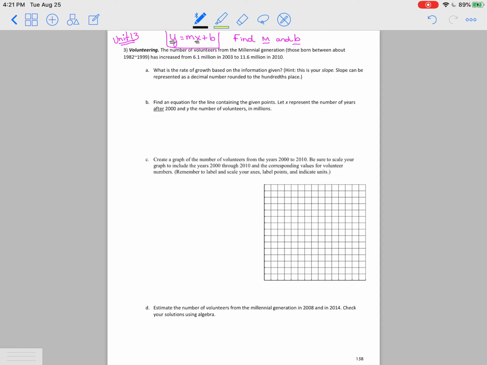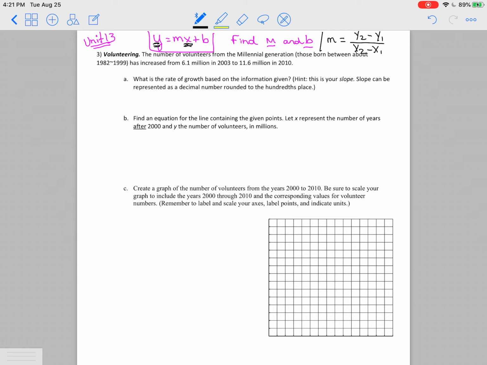And we know that we can easily find our m from 2 points because m is equal to the difference between your y points over the difference between your x points, right? That's how we can find our m. And if they give you 2 points, of course you can plug one of them back in and solve for b. So as long as you remember that your job is to find m and find b, and once you find those you're good to go, then you can start searching for what information they give you in the problem. So let's do just that.